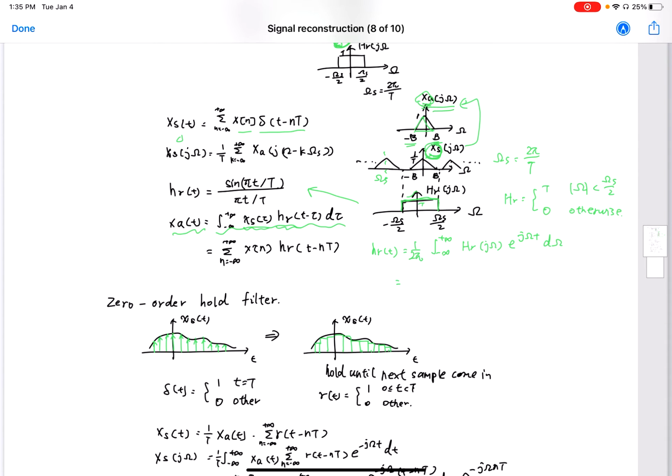Because Hr is not 0 only in this range, and in this range Hr is equal to capital T, we get e to the j omega t minus e to the minus j omega t.